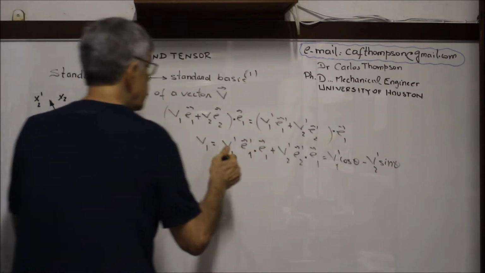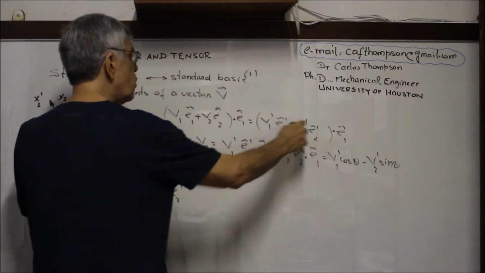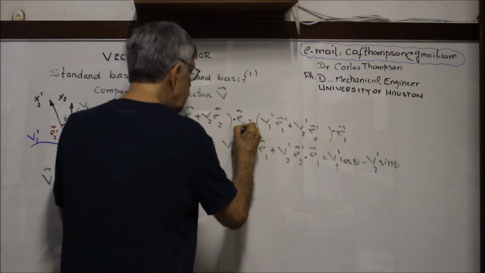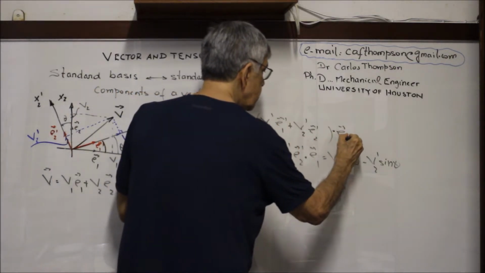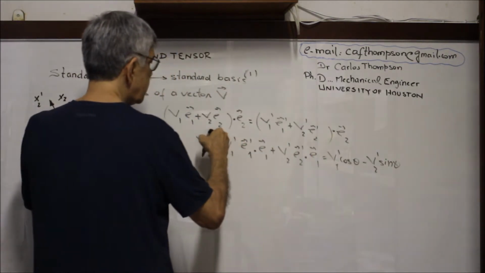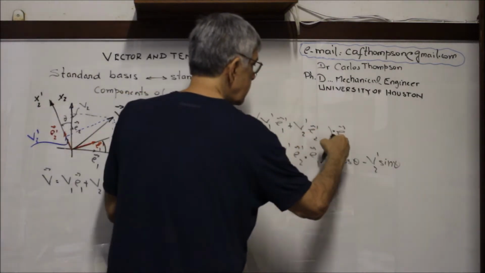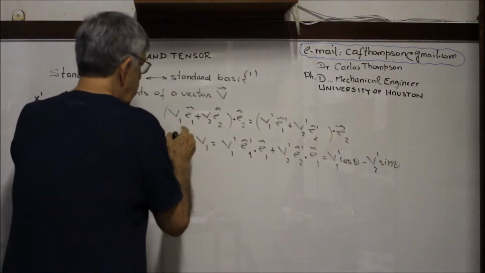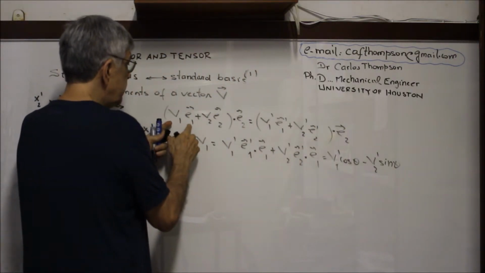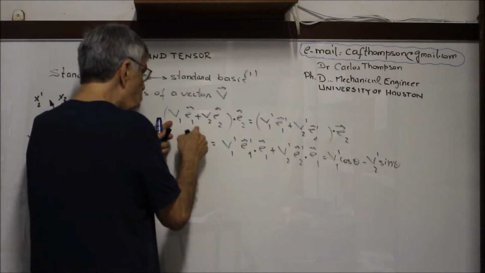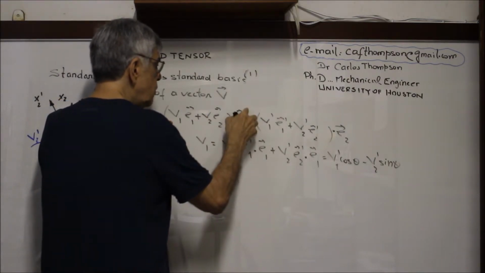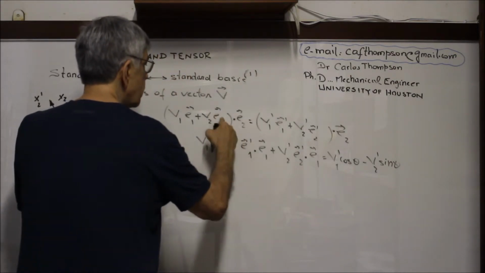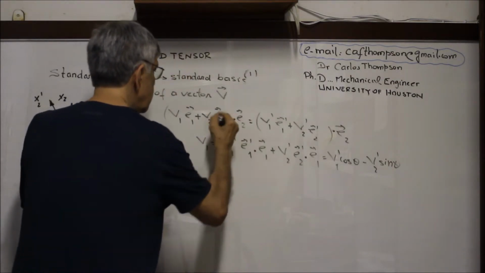I'll do the same here. Then I multiply both sides by the dot product, I put E2 here, and I put E2 there. This is E2 dot, this is not prime. Now, the dot product E1 dot E2 is 0. So this dot product of E2 dot E2 will be 1.